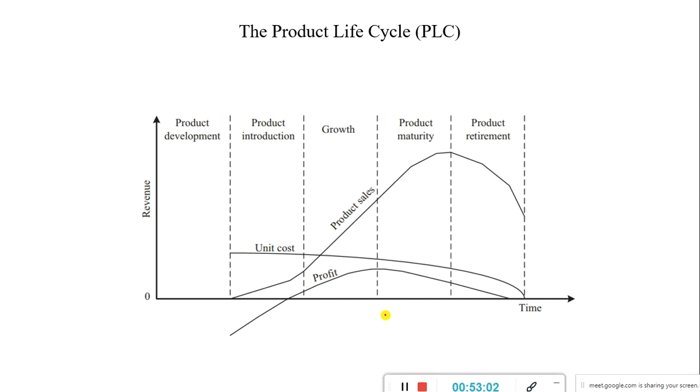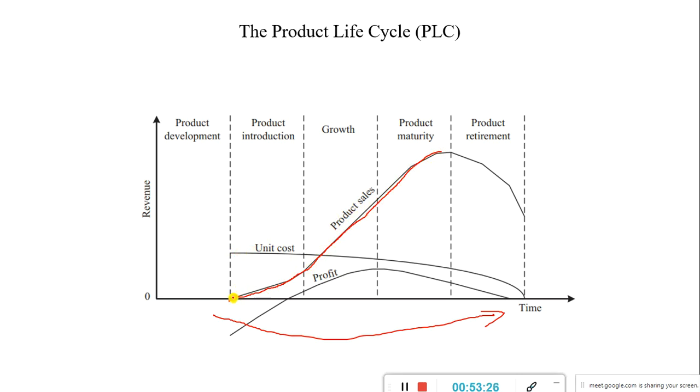Which means you can observe here, if you look into the diagram you will understand. As the time increases, initially look at the growth of the product. The growth of the product increases.